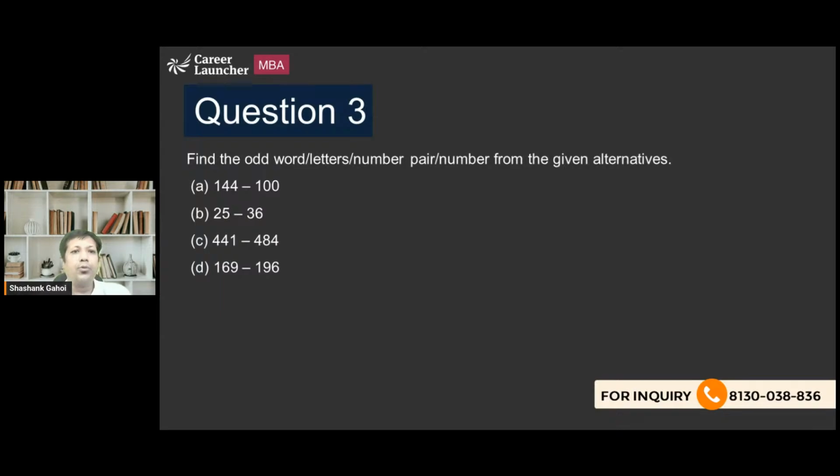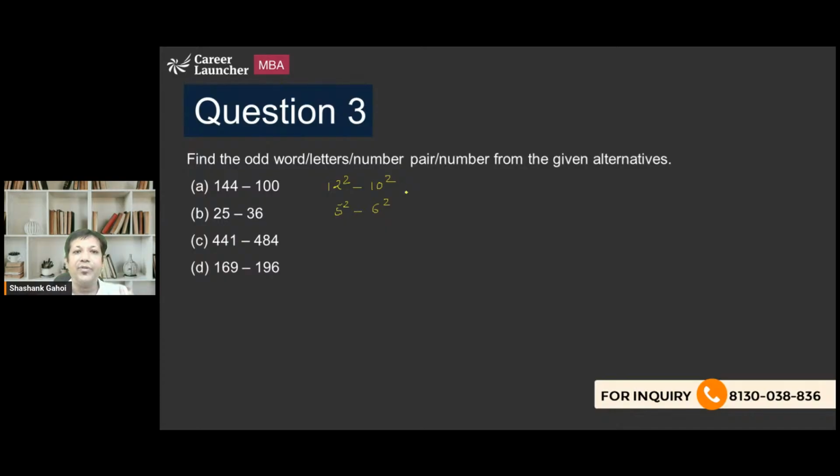What does it say? So this is something random. If you look closely, every number that is written here is a perfect square. So I'm going to write the perfect squares. The first number is 12 square, next number is 10 square. Then 5 square and 6 square.